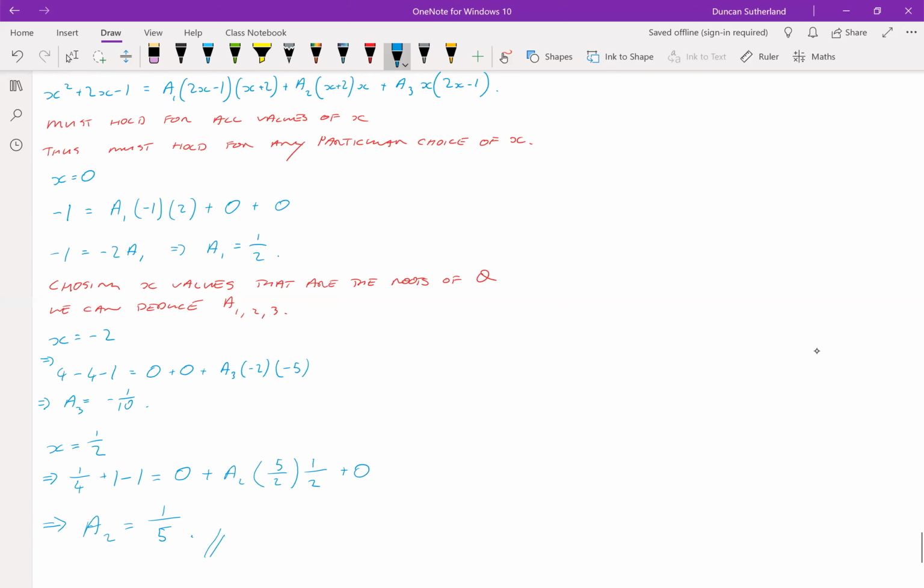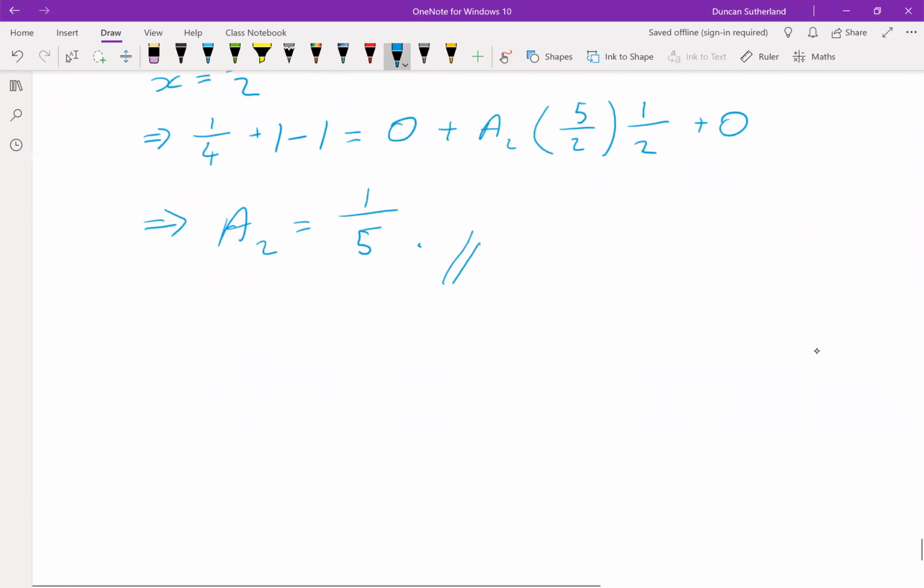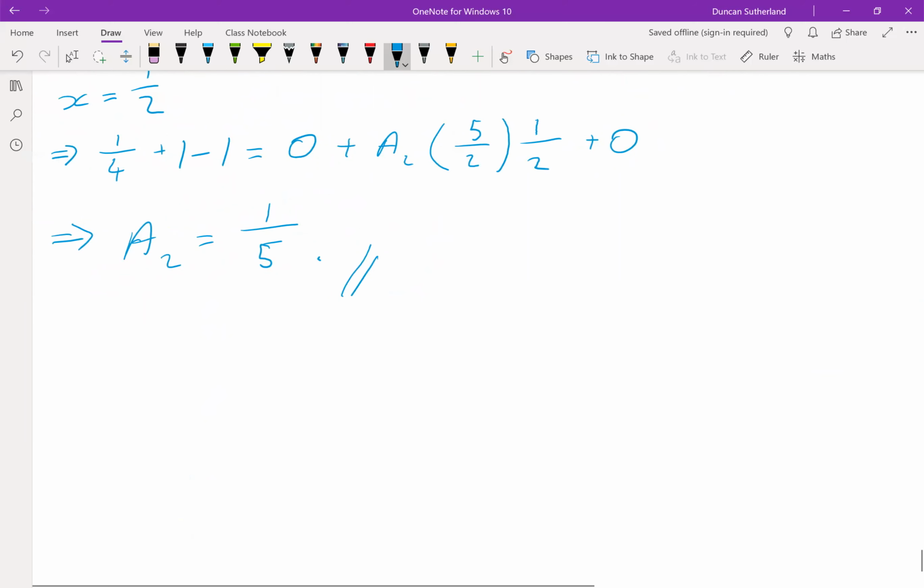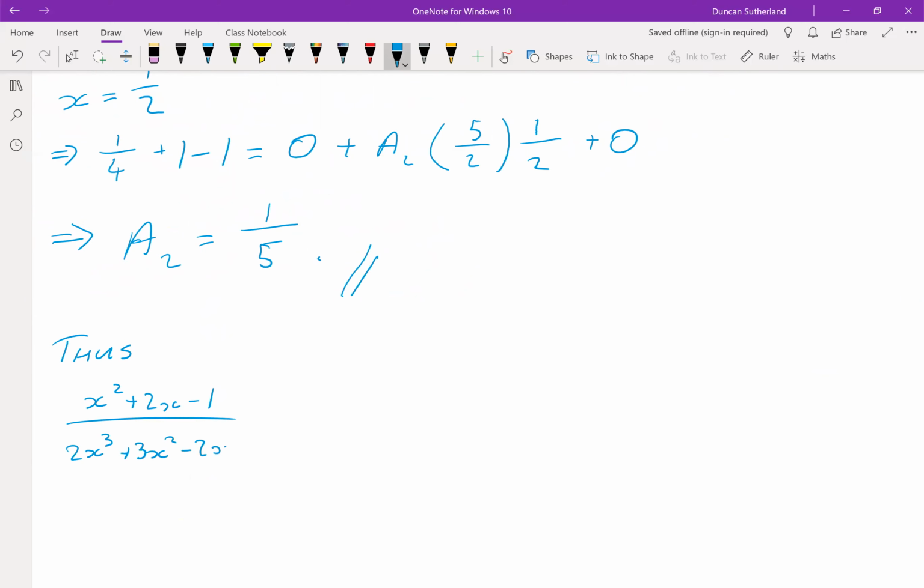Okay, so that means I've actually decomposed this awful expression, x squared plus 2x minus 1 over 2x cubed plus 3x squared minus 2x. That's equal to, all I'm doing now is back substituting into my original expression, which is off the page.